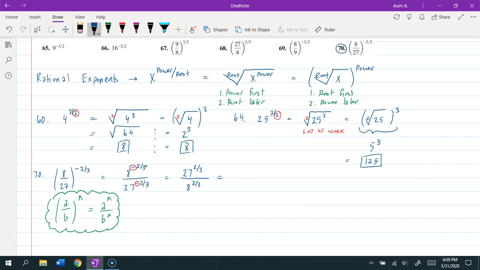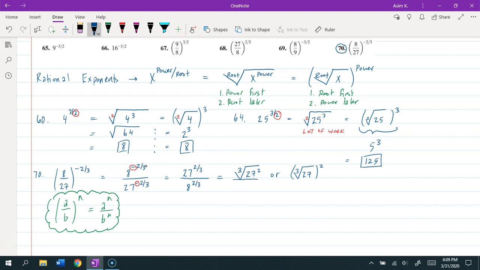Now, let's think about this question. Basically, this is two questions in one, right? The top one is saying, can you find the cube root of 27 squared, or can you find the cube root of 27 and then power later? Then let's look at the bottom.